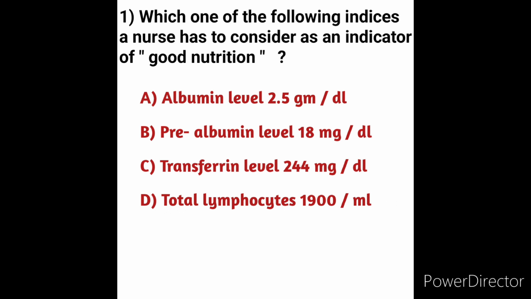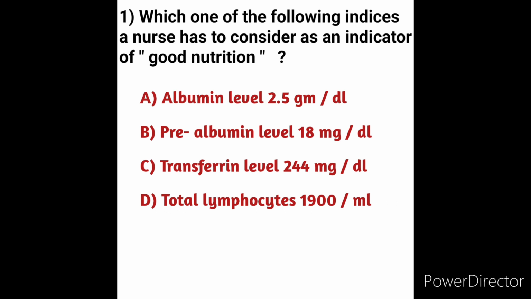Nutrition is defined as the science of food and its relationship to health. Nutrients play an important role in the growth and development of our body. Good nutrition stands for the supply of essential nutrients in adequate quantities. The normal range of albumin is 3.5 to 5 grams per dl.